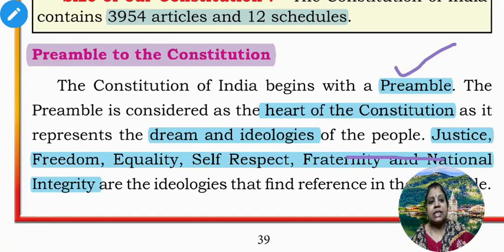The preamble is considered the heart of the Constitution, as it represents the dreams and ideologies of the people.